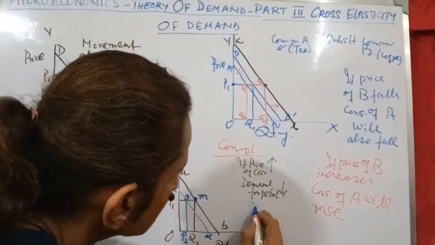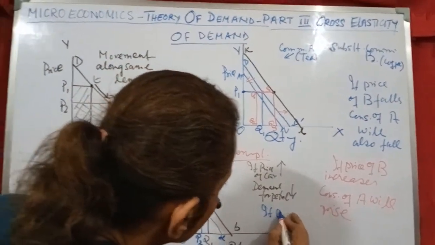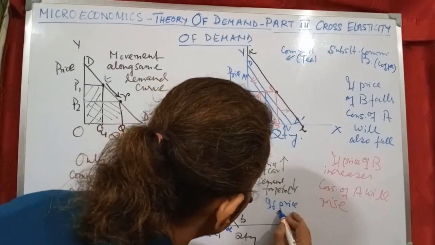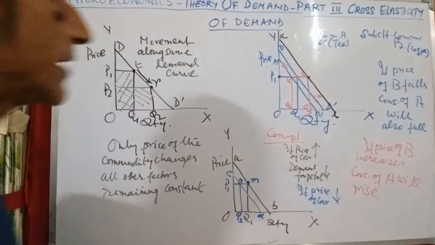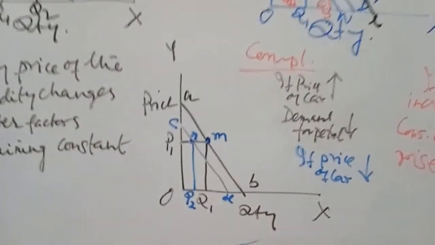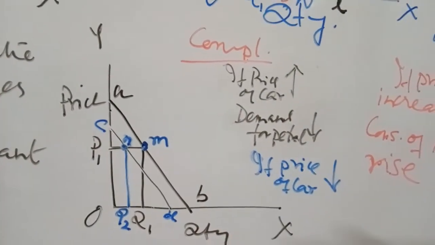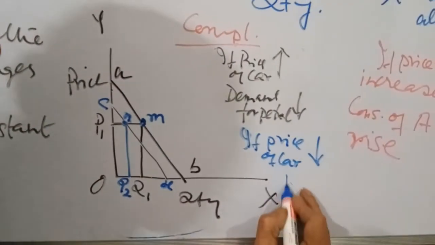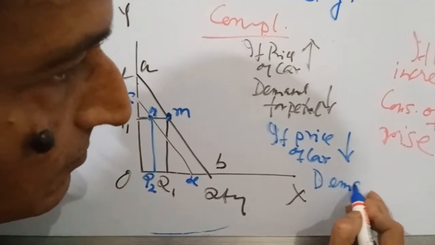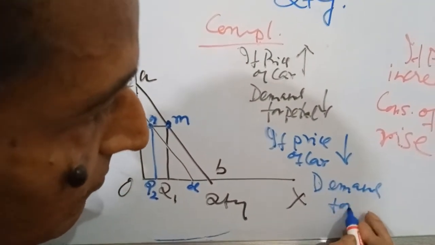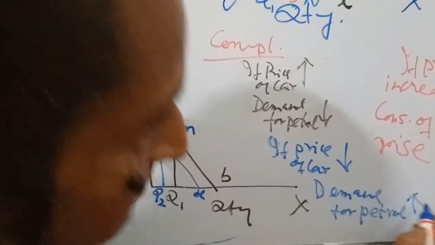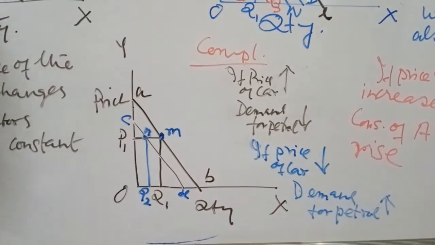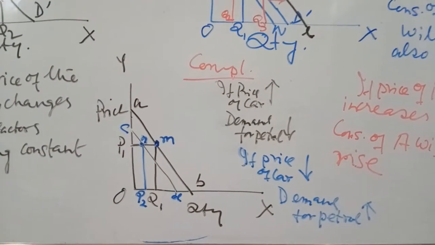If price of car falls, demand for petrol will increase, because if price of car falls, demand for car will increase.